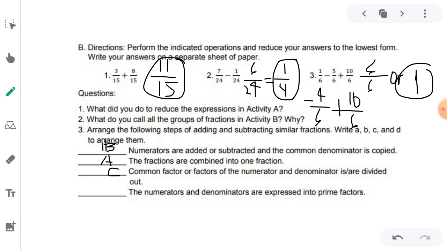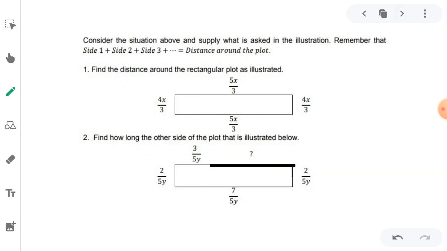And then the final step is we need to express them into prime factors. Next. Again, let me repeat. If you did not get my answer in questions 1 and 2, please replay our video. So, next. Consider the situation above and supply what is asked in the illustration.